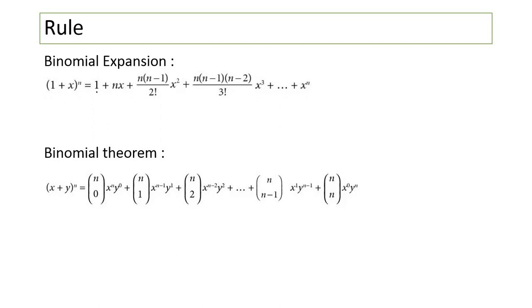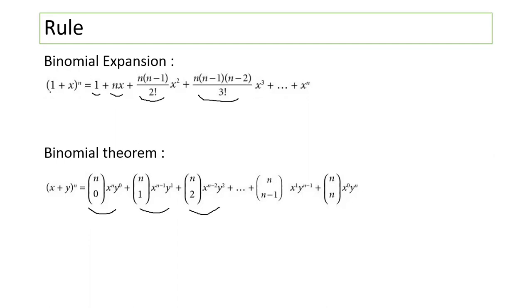So look, this is the first term, second term, third term, fourth term, and so on until n terms. And this theorem, the binomial theorem, is also like this binomial expansion. Look, this is the first term, second term, third term, and so on.